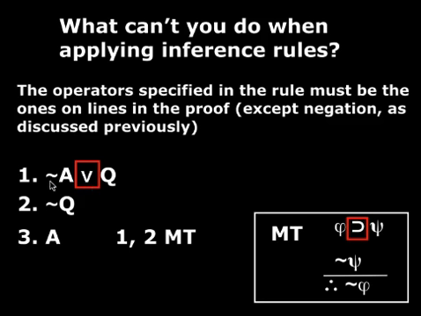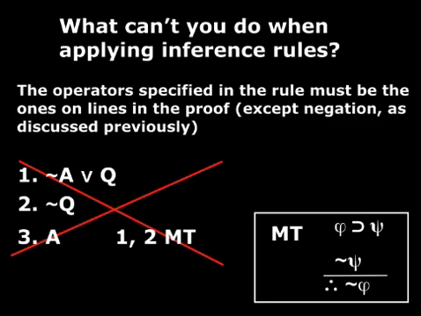So I've got a disjunction. I've got the negation of the component on the right, so I'm going to infer the negation of the component on the left by modus tollens. No, because modus tollens requires a conditional. If this isn't a conditional, then you can't use the rule on that. So it has to be the same operator. I'm going to put a red X there to indicate do not do that.